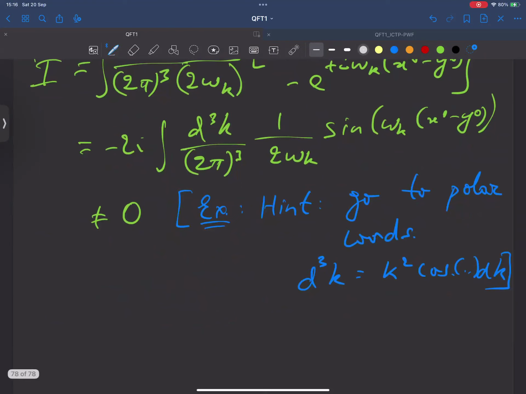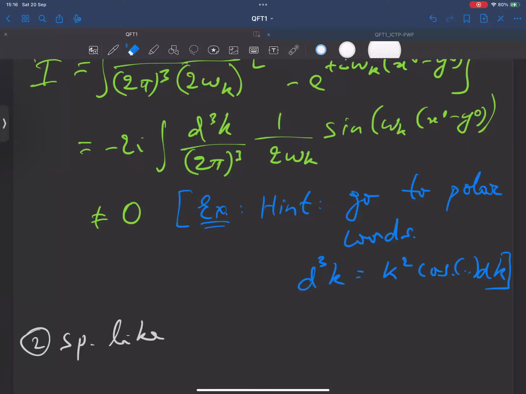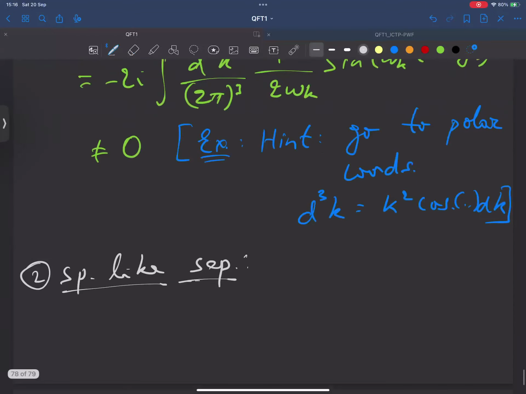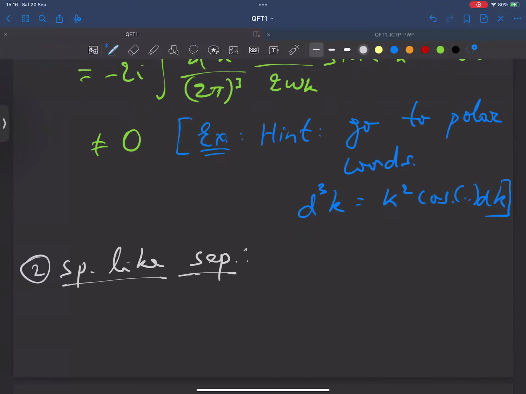Now let's look at case 2, when you have space-like points, space-like separation. When we have space-like separated points, then again we can do a Lorentz transformation. Space-like means this is now less than 0.